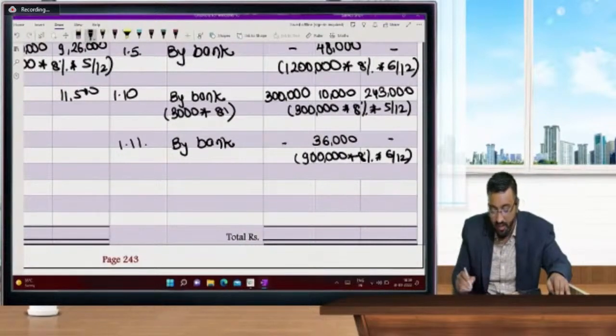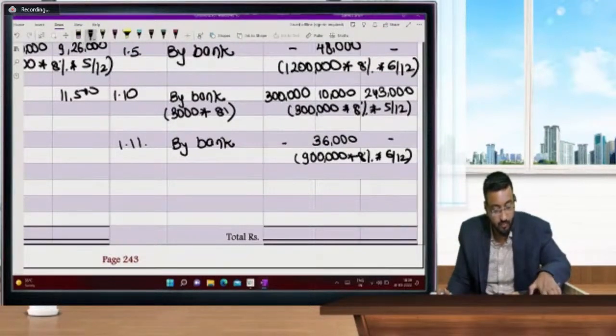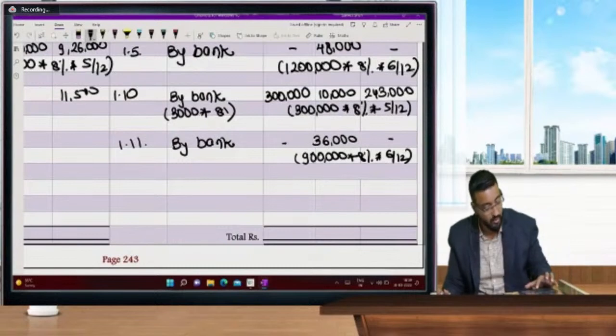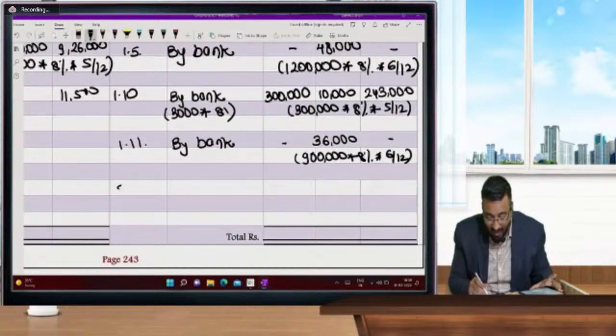Now next day, 1st November over. Now what is the next date? Bolo na fataphat. Arre 31st March.